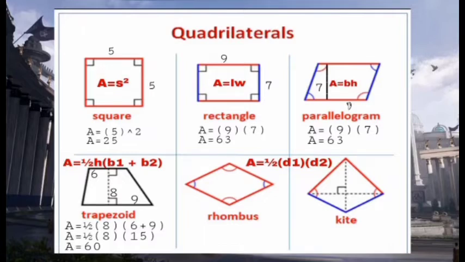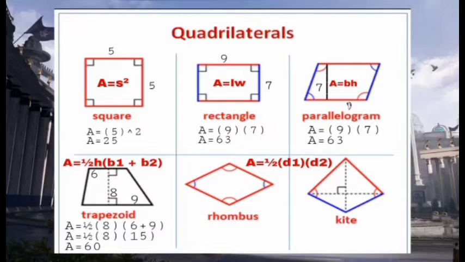For example, B sub 1 is 6, B sub 2 is 9, and the height is 8. So A equals 1/2 times 8 times 6 plus 9. 6 plus 9 is equal to 15, multiplied by 8 and by 1/2, we have 60. Therefore, the area of our trapezoid is 60.